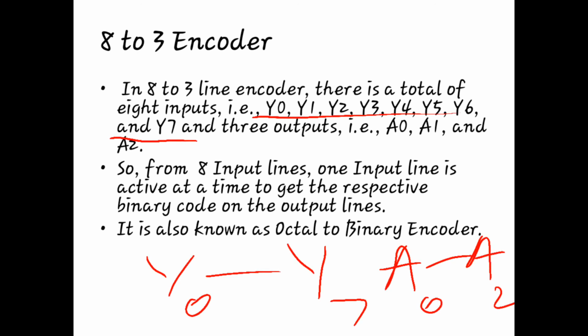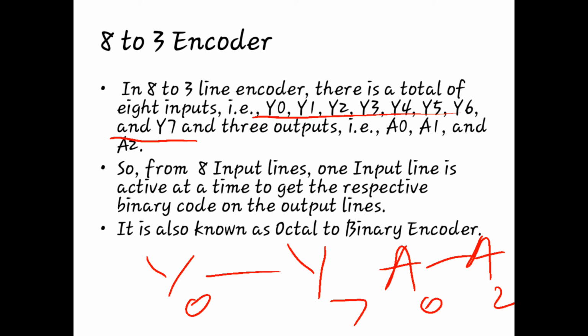So just like 4x2, among 8 input lines, one input line will be active at a time to get the respective binary code on the output lines. This 8x3 encoder is basically known as the octal to binary encoder.